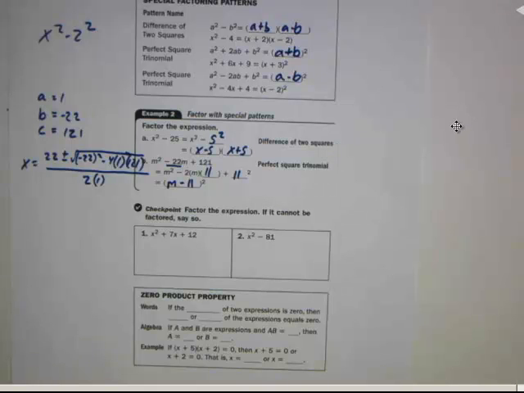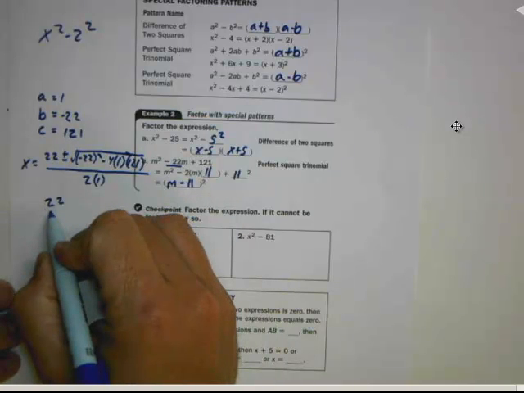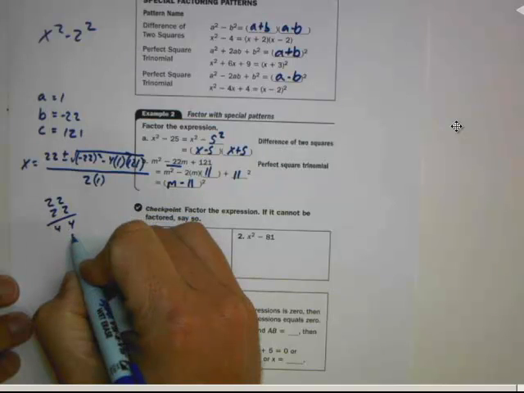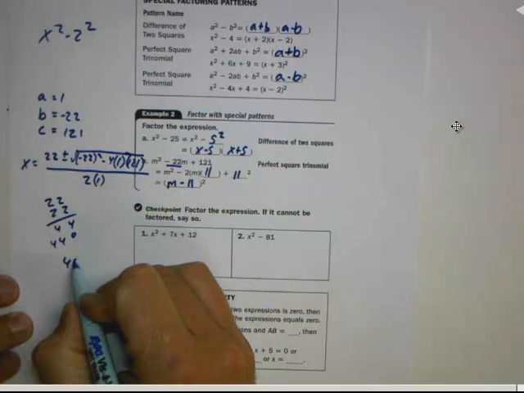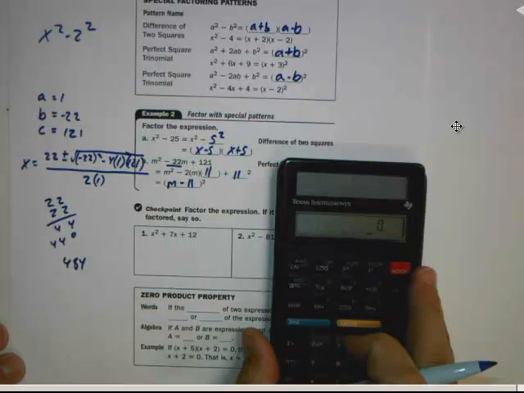Let's go to 22 squared. So 22 times 22 is 44, and 44. I get 484 there, and I guess I got a handy dandy calculator right here that I could use.